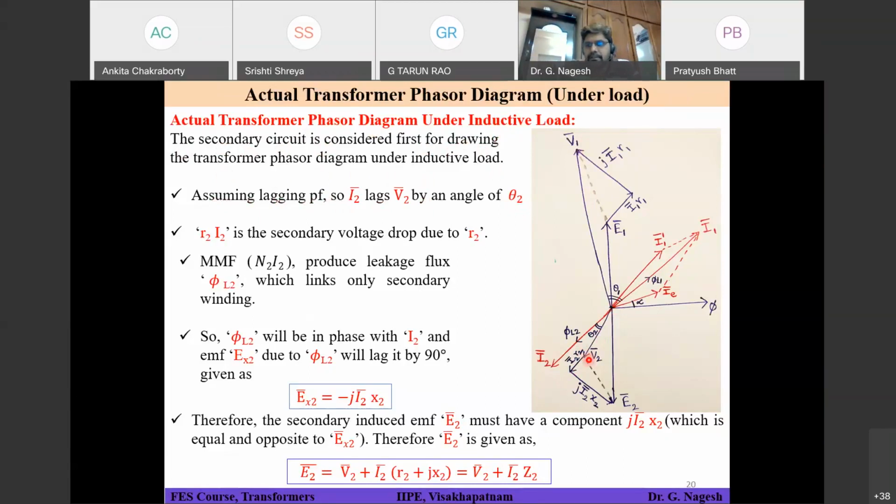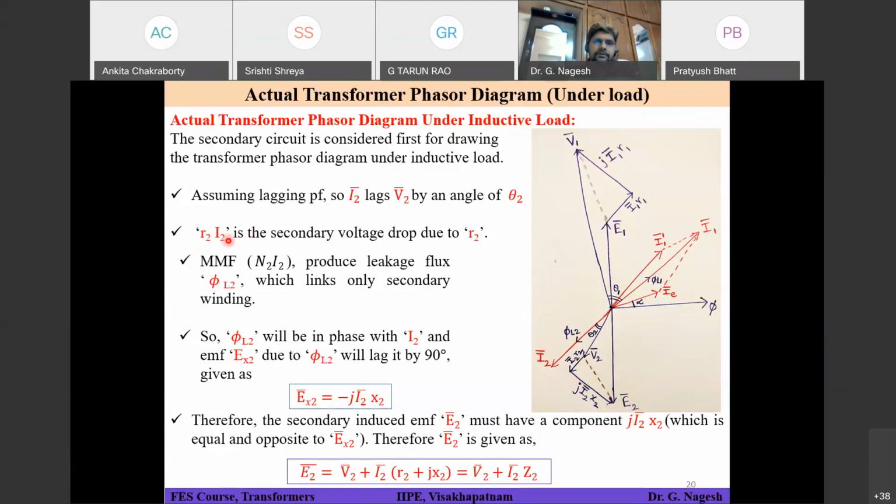E2 is the voltage across the secondary winding, that means the EMF induced in the secondary winding. V2 is the voltage across the load terminals. In between these two, you will have resistance and reactance drops.